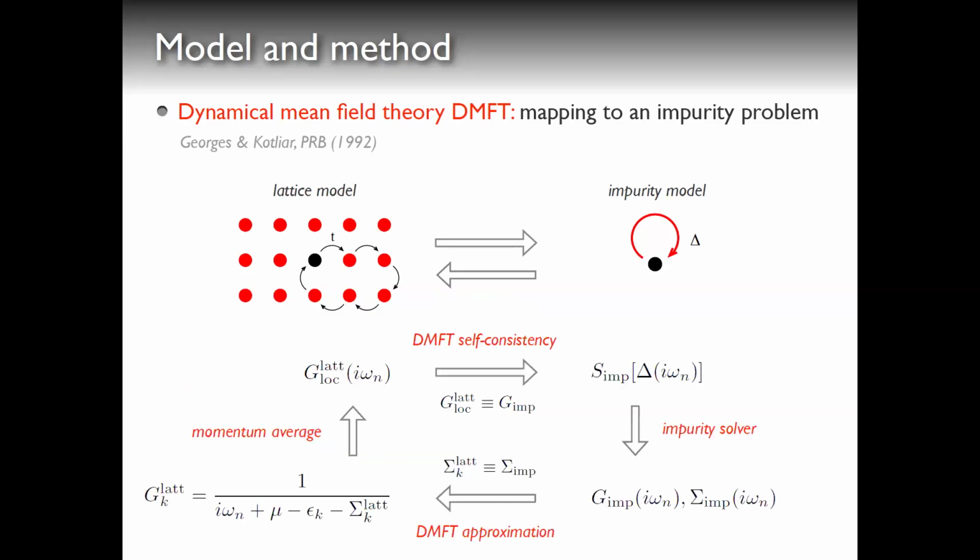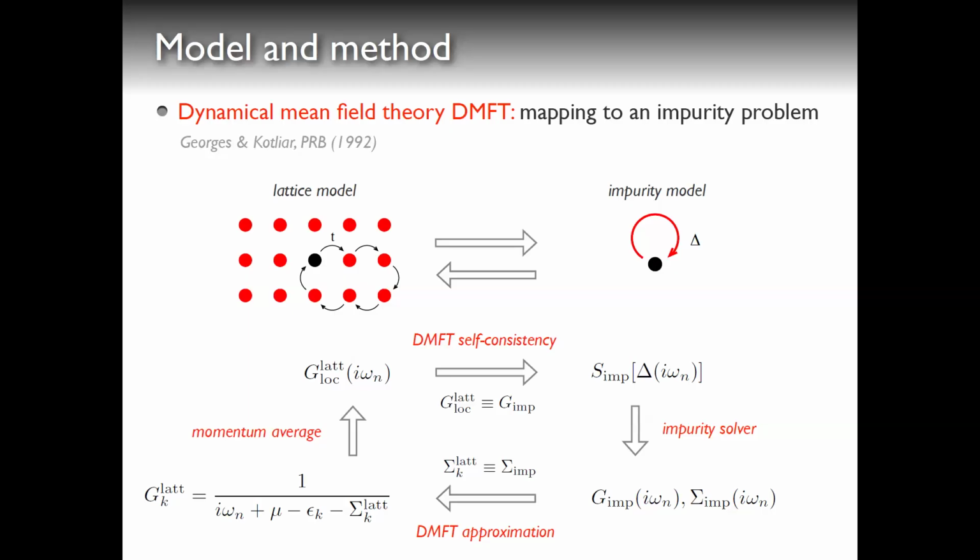Now, here are the steps in a dynamical mean field theory calculation. We start from an initial guess for the hybridization function. Then by some numerical impurity solver, we calculate the Green's function and the self-energy for our impurity model. Then we make this essential approximation that the self-energy is local and given by the impurity self-energy.